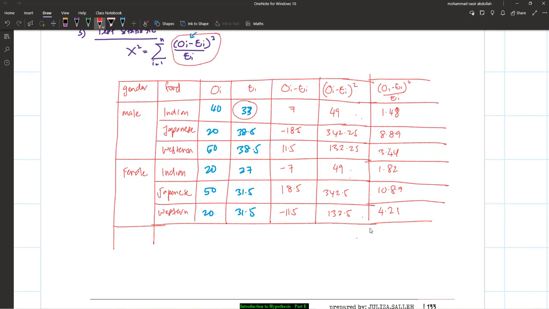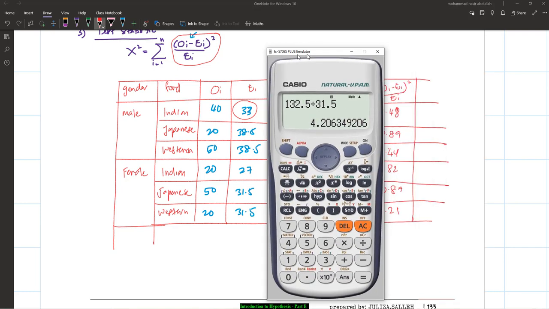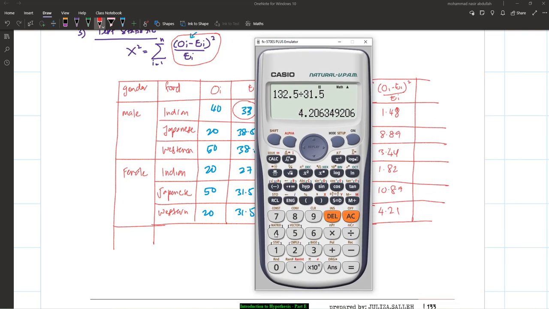So the chi-square is the summation of all these values, right? So the summation of all these values is the chi-square value. So we need to add all the values here, which is 1.48 plus 8.89 plus 3.44, 1.82 plus 10.87 plus 4.21.